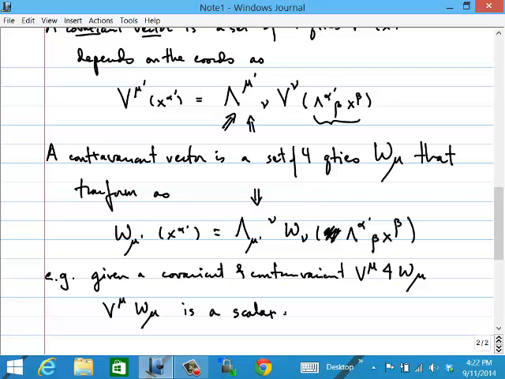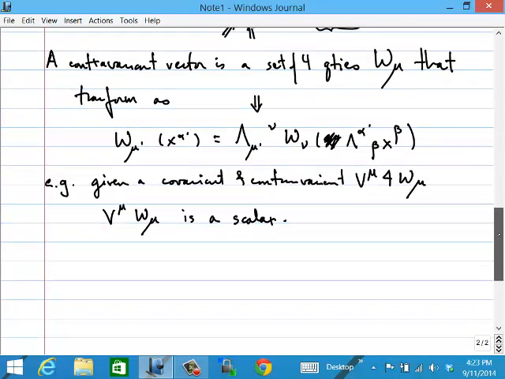Starting with vectors and scalars and other sorts of tensors, you can construct even more tensors in the obvious way, using Einstein summation notation. As long as you're careful to contract only upper and lower indices, you're guaranteed that any tensor operation where you contract indices like this will give you another tensor.